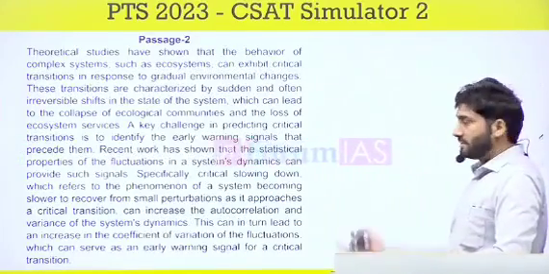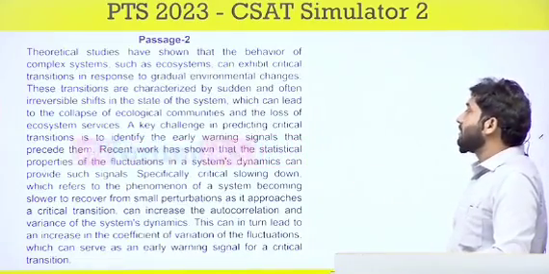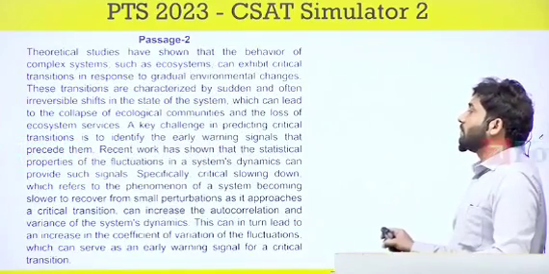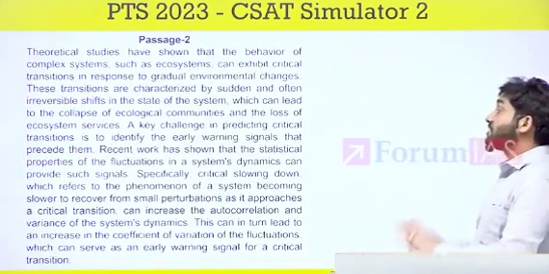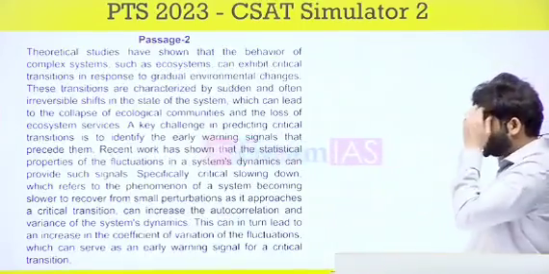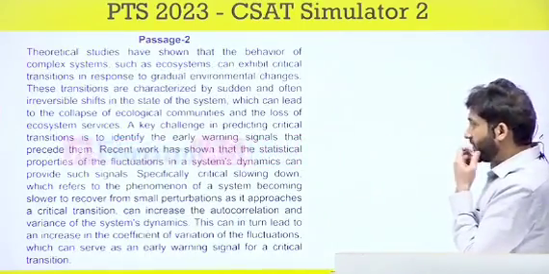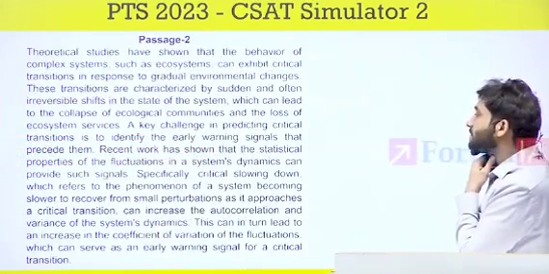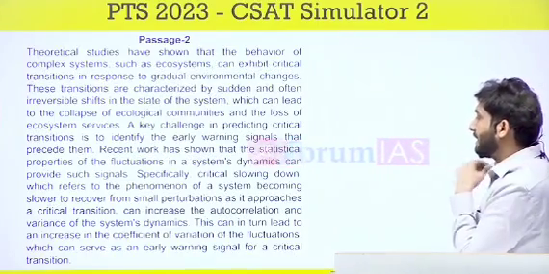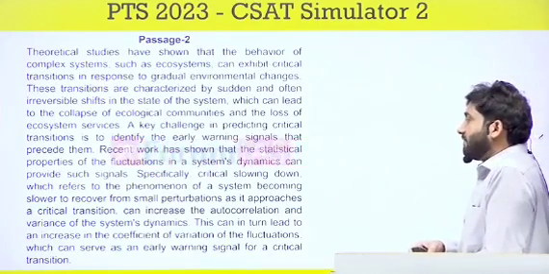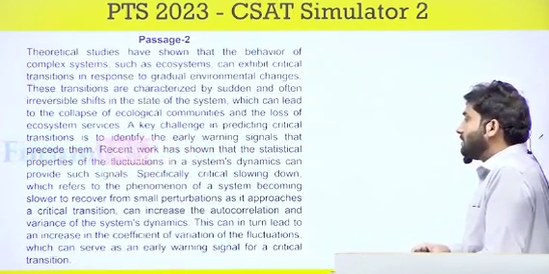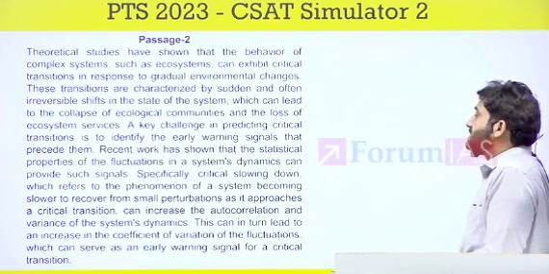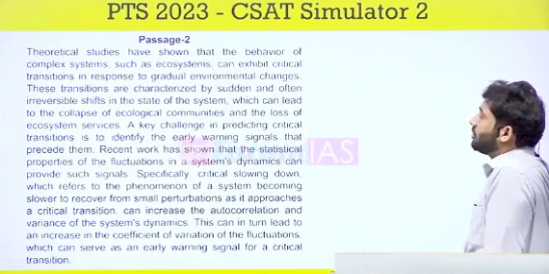Specifically, critical slowing down, which refers to the phenomenon of a system becoming slower to recover, not recovering fast enough, from small perturbations, small fluctuations or changes, as it approaches a critical transition, can increase the autocorrelation and variance of the system's dynamics. This can in turn lead to an increase in the coefficient of variation of the fluctuations, which can serve as an early warning signal for a critical transition.